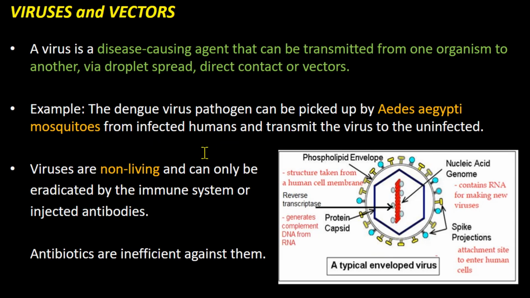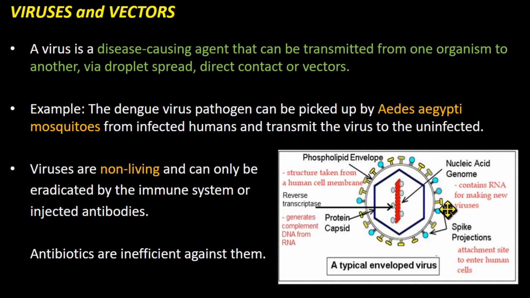Viruses are not alive, they are non-living, and can only be eradicated by the immune system or injected antibodies. We cannot use antibiotics against viruses. If we look at the structure of a virus here, we can see that within there's a nucleic acid genome. This would contain RNA, and this would help to synthesize new viruses. We have little spike proteins, which are attachment sites to enter the human cells.